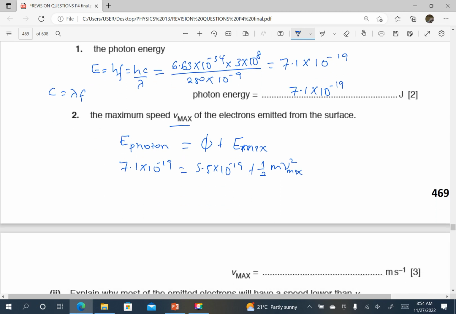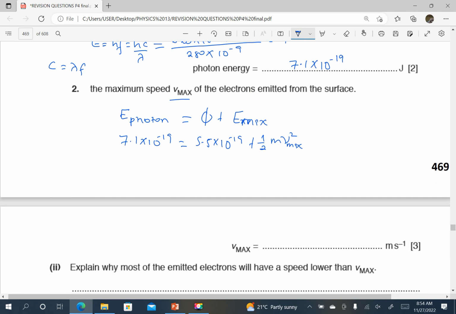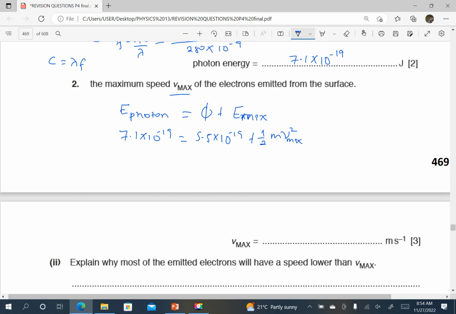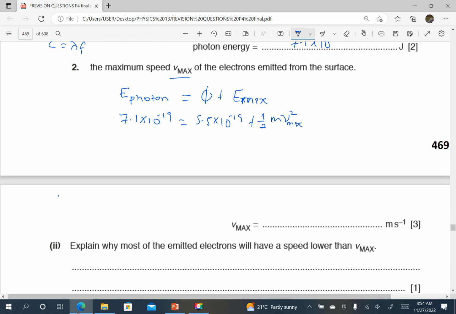The work function has been given as 5.5 times 10 power negative 19, plus the maximum kinetic energy, which is a half m times the maximum speed Vmax squared. So we want to find the maximum speed. We just subtract and make V the subject here. So the maximum speed Vmax will be equal to the square root of 2 times, in brackets, 7.1 minus 5.5, and this is times 10 power negative 19.